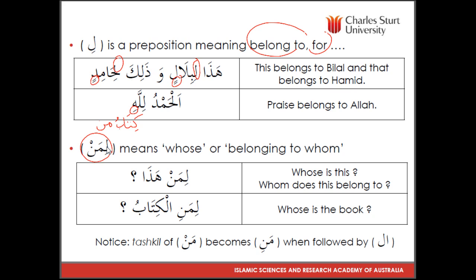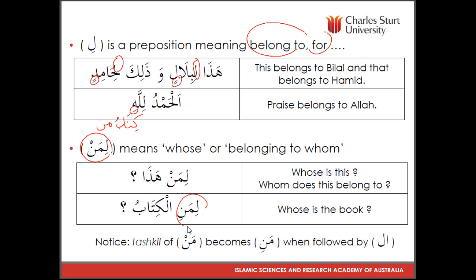When we say liman il-kitabi, because it is directly attached with al, the pronunciation and tashkil of man change. Normally it is liman, but when followed by al, liman hada, liman il-kitab.